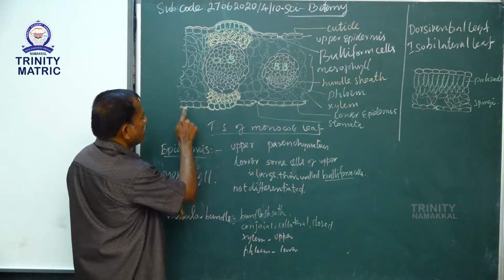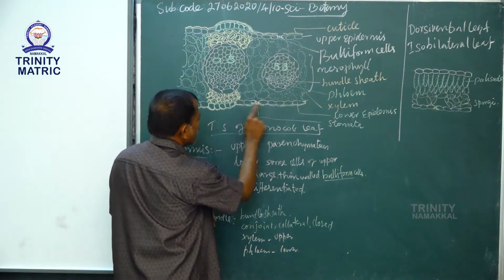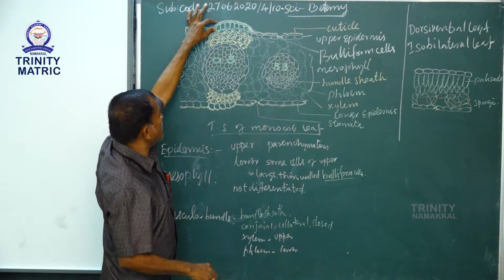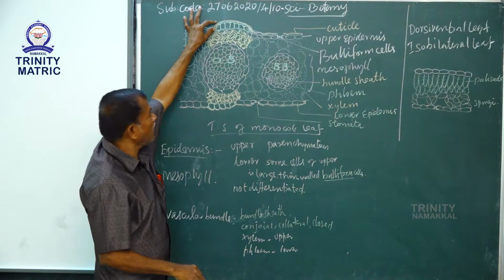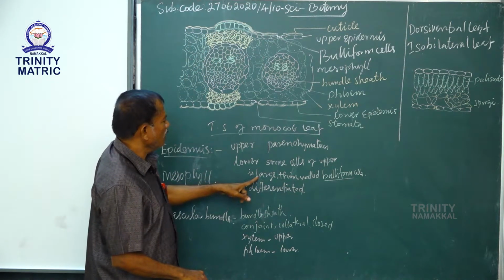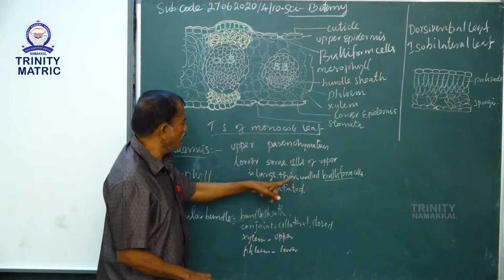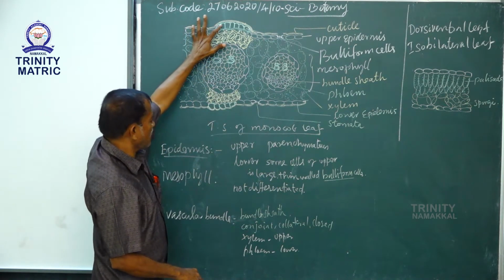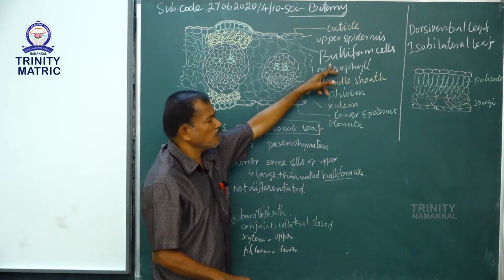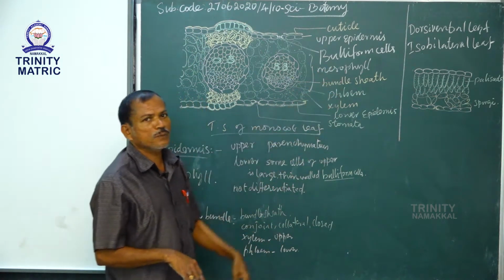Yesterday we saw that the diagram was drawn in a straight line. But here you can see that at some places on the upper surface, some large thin-walled cells are called bulliform cells. Somebody may ask in a 2-mark question, what is a bulliform cell?